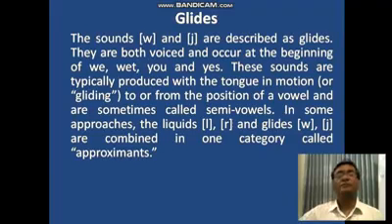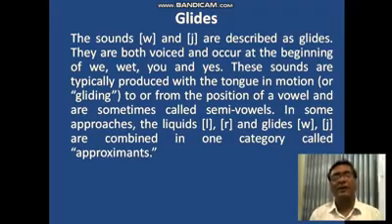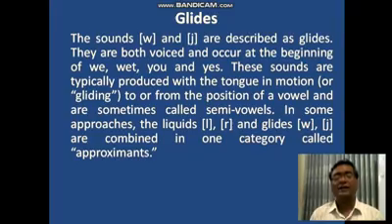Glides. The sounds w and y, as in we and yes, are described as glides. They are both voiced and occur at the beginning of we, wet, you, and yes.